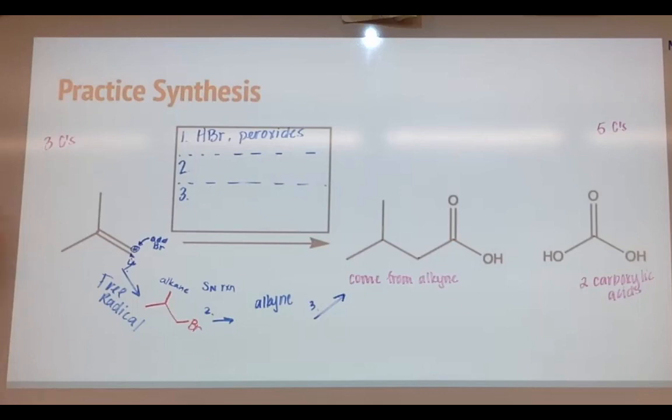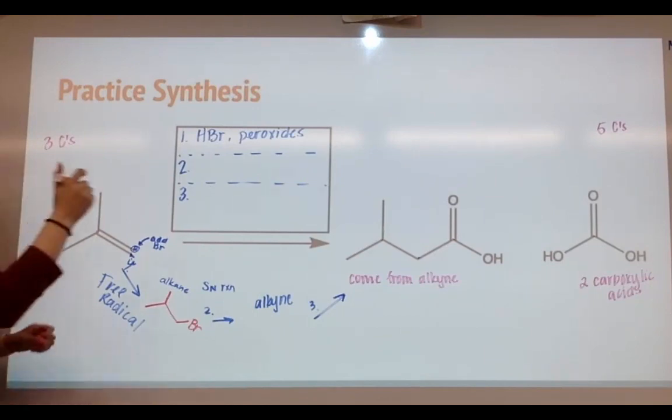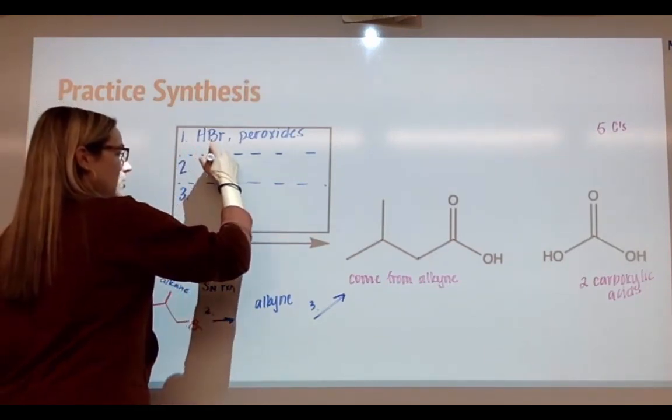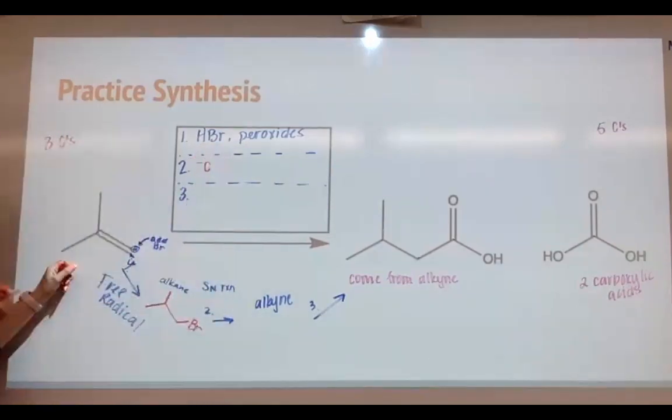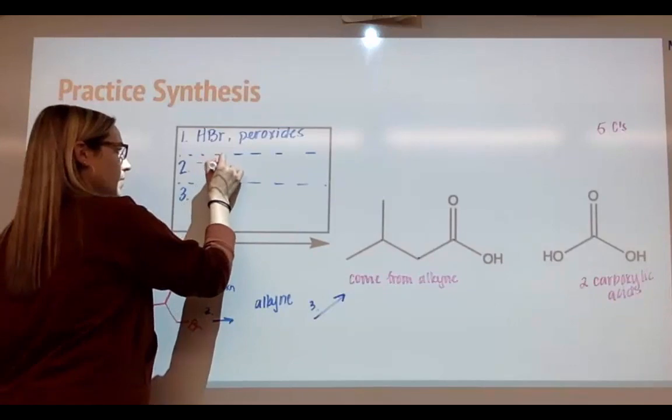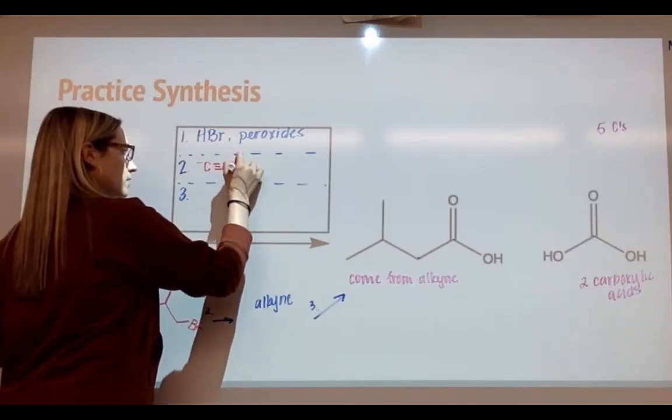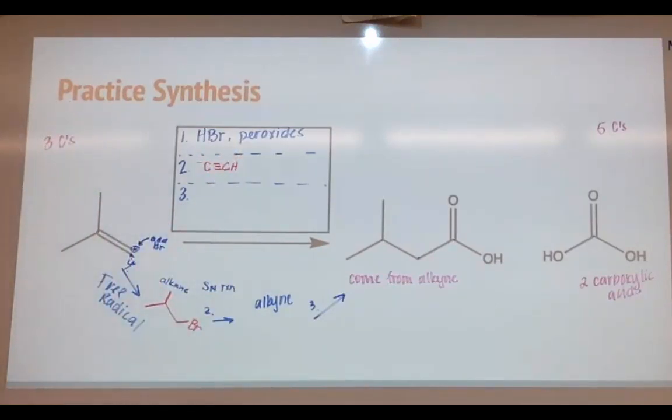Now, I want to go from 3 carbons to 5 carbons. A nucleophile that you can use is a carbanion. I want to add 2 carbons. So I can have this negative carbon, but it needs to be triple bonded to another carbon.